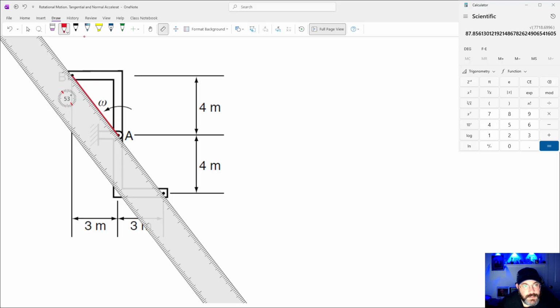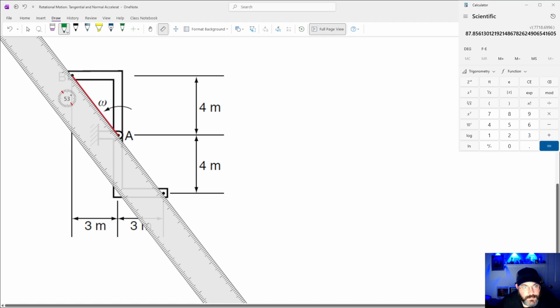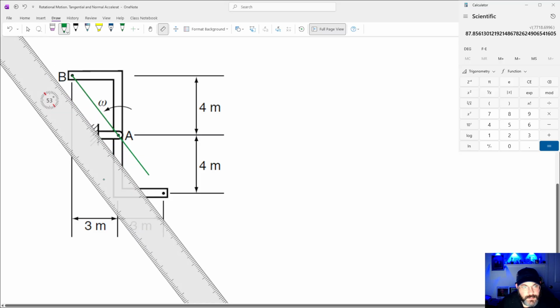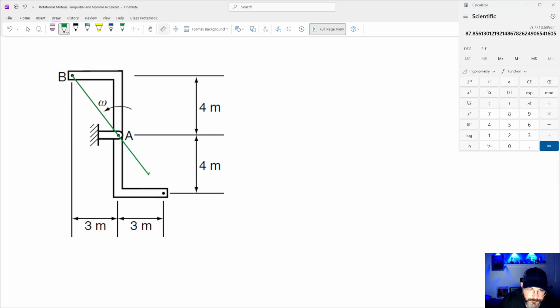Okay, so then let's draw our normal component, which is going to be extremely long, right? So it's going to be here. So this is our normal component.